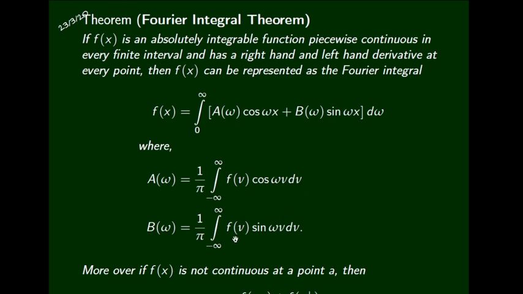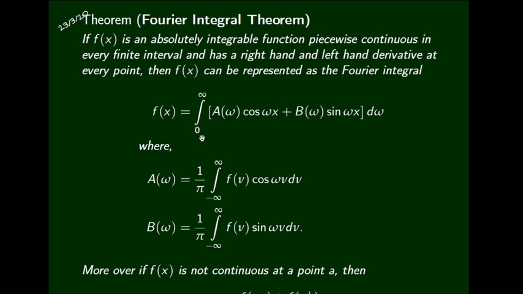And also, when f of x is even, f of nu into sin omega nu is an odd function. So integral minus infinity to infinity of an odd function becomes 0. So this b of omega becomes 0. So in this representation the b of omega term will be 0.